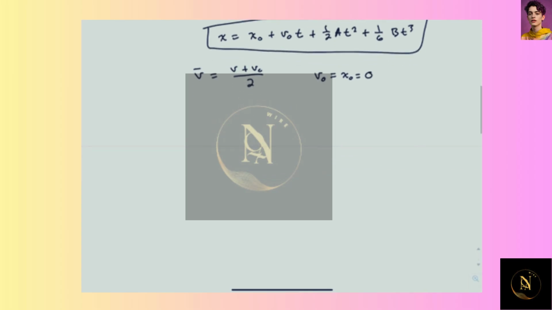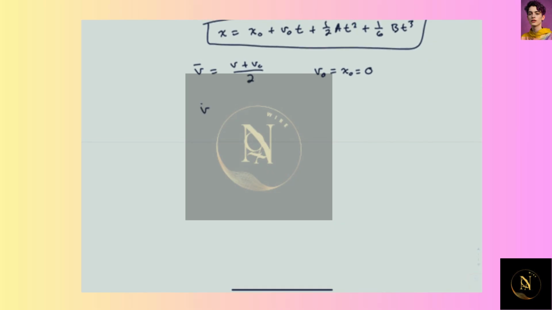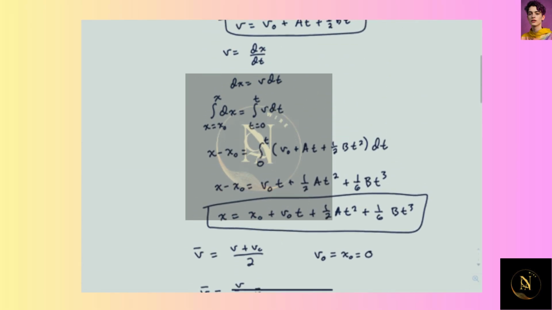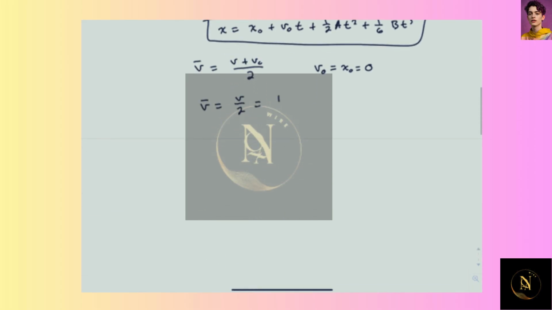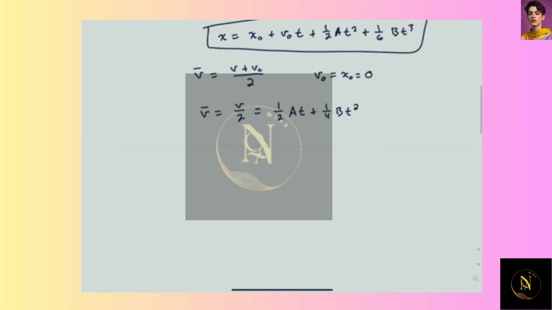Because why not? It doesn't make a difference. And so then for our average velocity, we're going to get v over 2, which is going to be at plus 1/2 bt squared over 2. So we get 1/2 at plus 1/4 bt squared.